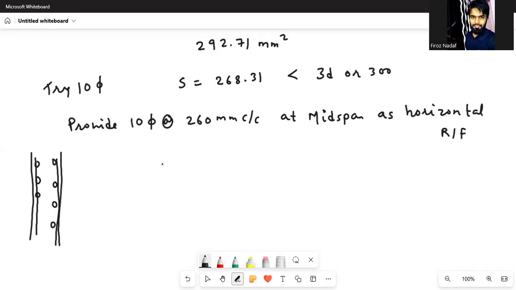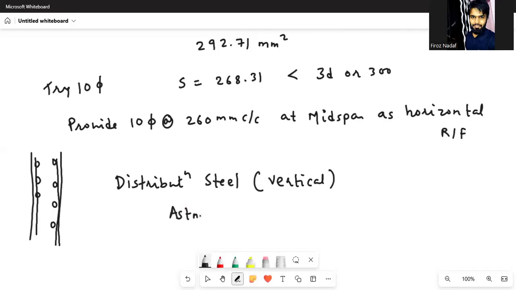And already we have calculated the minimum reinforcement. Distribution steel that is vertical in the side wall, vertical reinforcement.